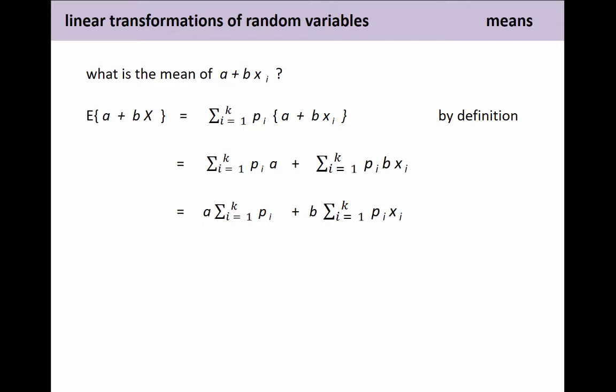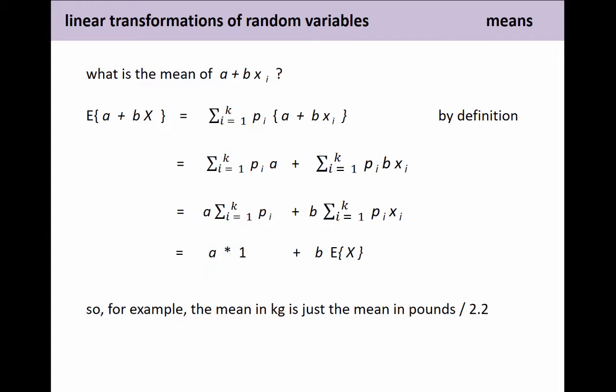By definition, the sum of the probabilities from 1 to k over all the possibilities of our random variable has to be 1. And if you look at the summation of the p sub i x sub i terms, that is going to be the expected value of the original random variable x. So what we have at this point is a times 1 plus b times the expected value of x.